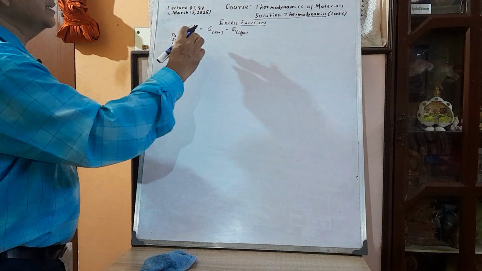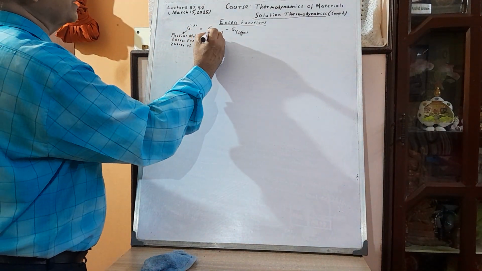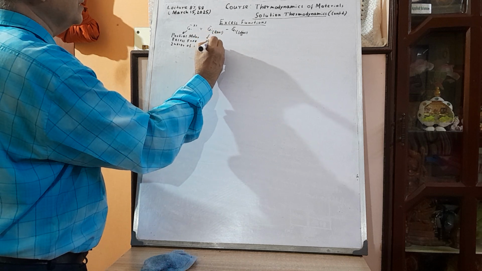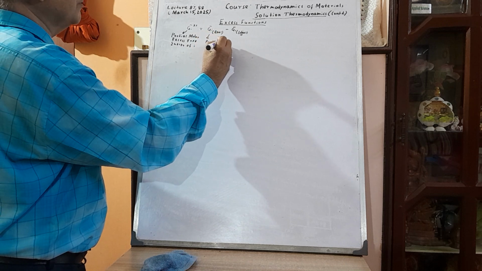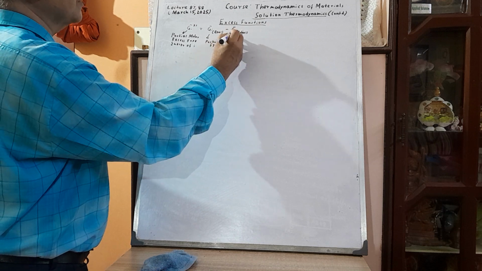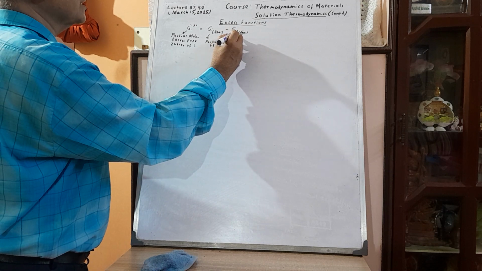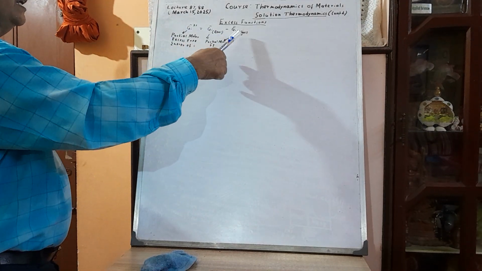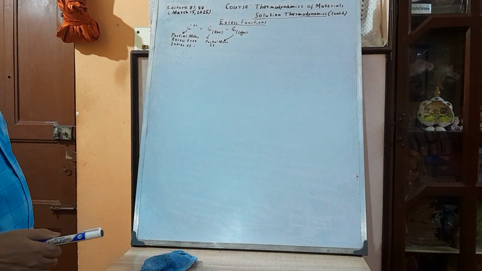Okay, G I bar. What is this? This is clear. This partial molar free energy is simply partial molar free energy. Likewise, this also is partial molar free energy. The difference is real, ideal, subscripted.